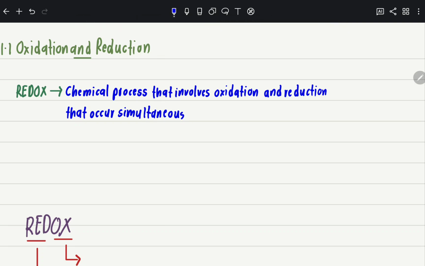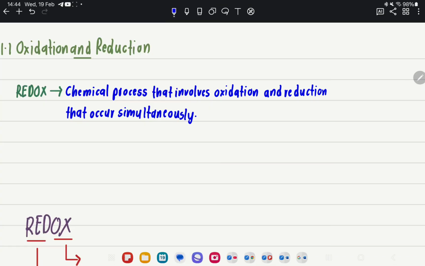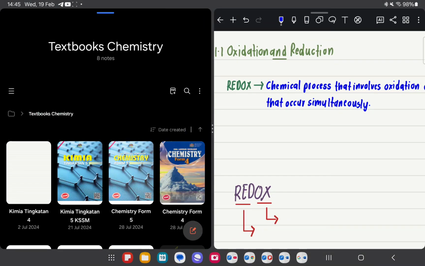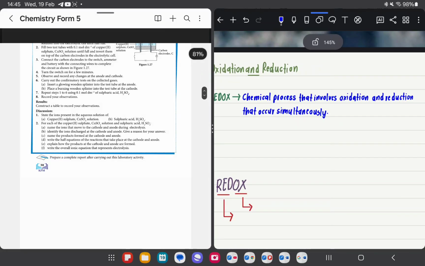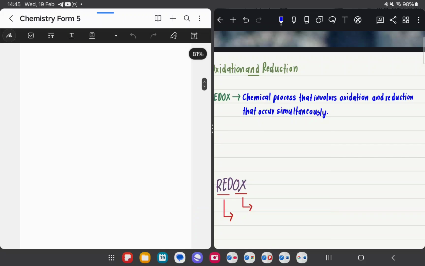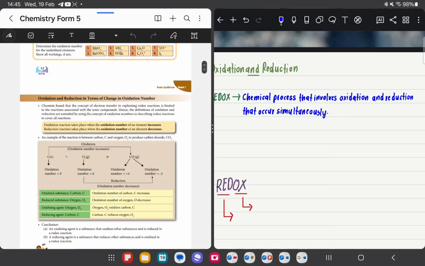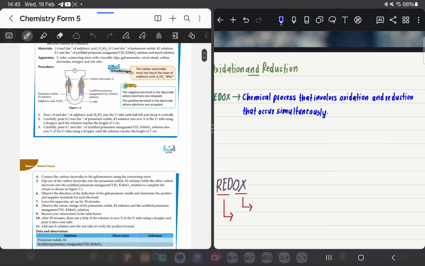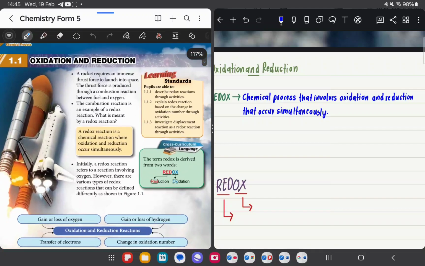The definition is already written in your textbook. What is meant by redox? But it's okay, I will show you. Okay, so redox reaction is a chemical reaction where oxidation and reduction occurs simultaneously.